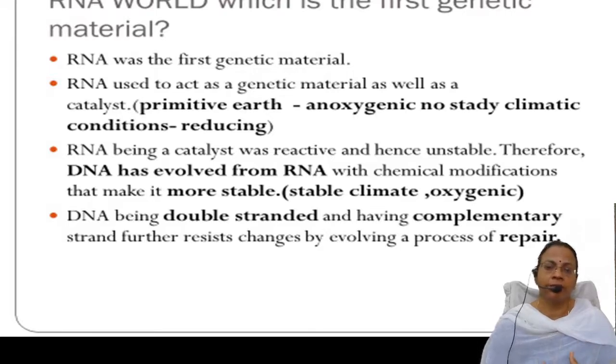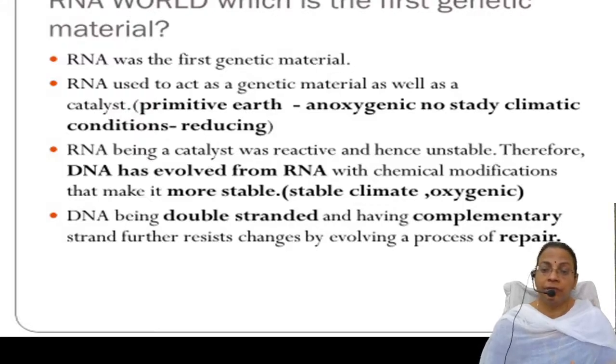So in those climatic conditions, in the reducing atmosphere and absence of oxygen, it always favors an unstable molecule. When we compare DNA and RNA, RNA is more unstable. The reasons we'll explain later.